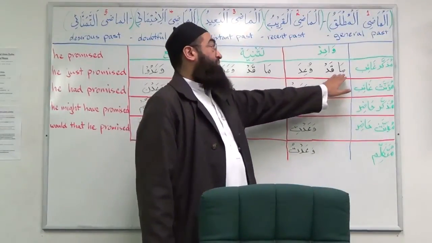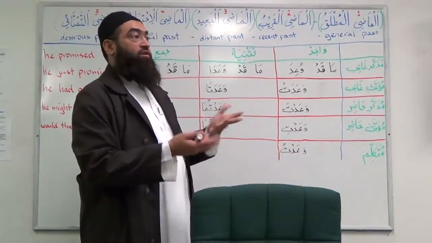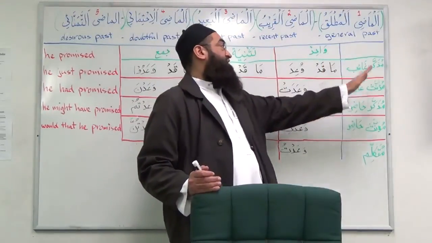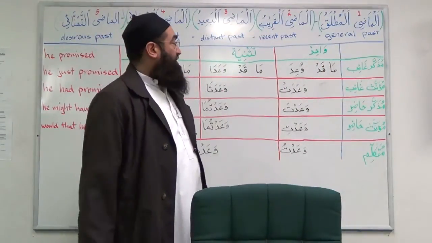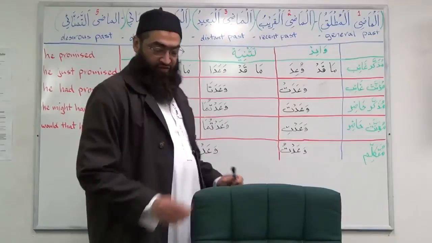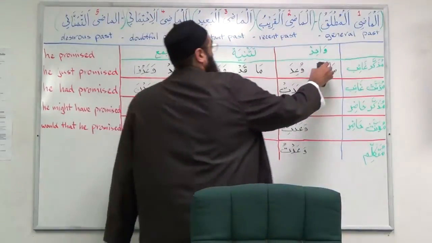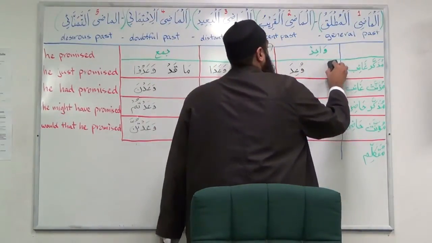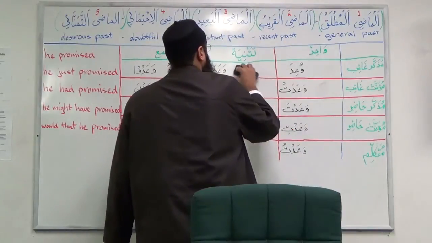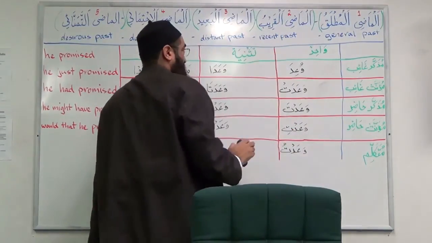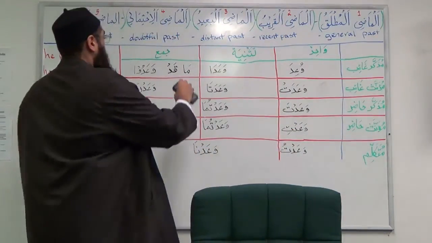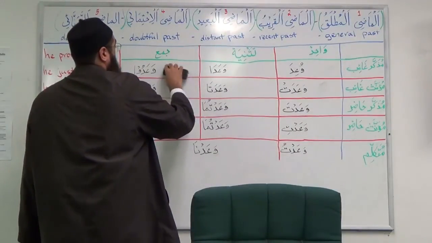Manfi means you put a Ma and you negate it, it becomes negative, and if that's not there, it's positive. And we have all the forms of Ma and Qad also. Al-Madi Qareeb. Alright, now we can go to Madi Ba'id.